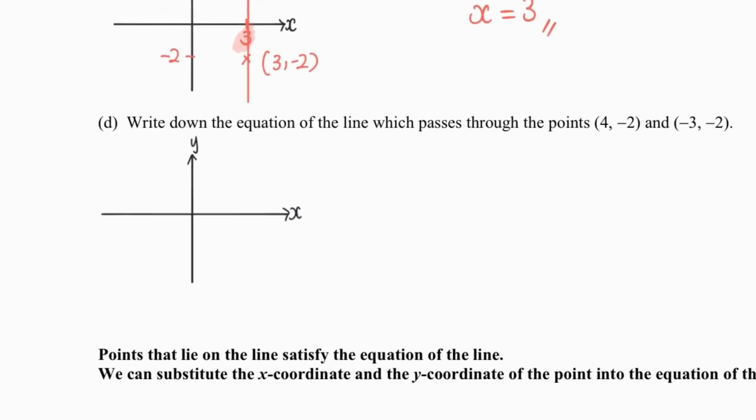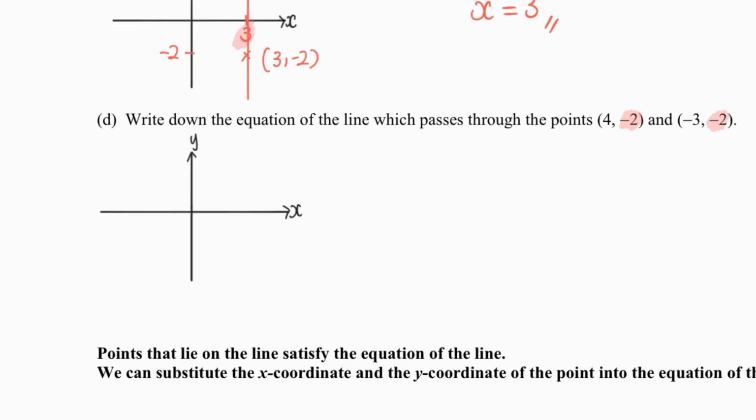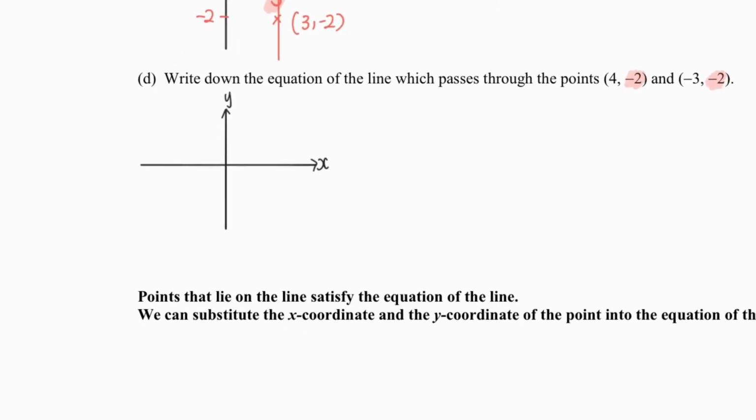Let's move on. For the next part of this question, I realized something also. I realized that the y value is the same for these 2 points. Let's see what this entails when I sketch it out and plot these 2 points here. Negative 2, I would have 4, so it's somewhere here.